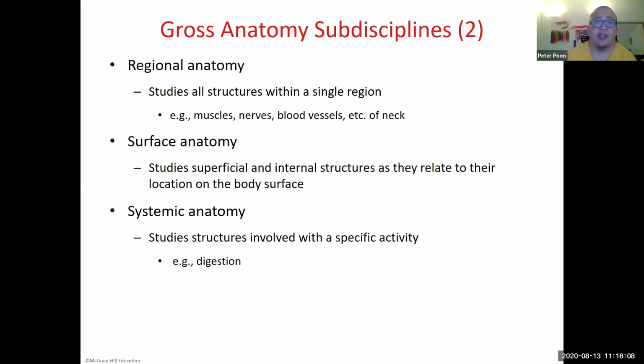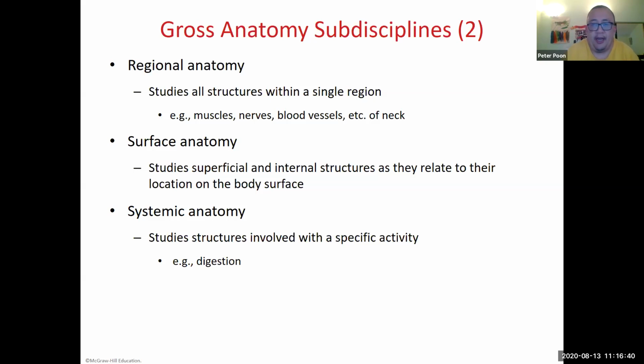Regional anatomy and systemic anatomy are two different ways of understanding anatomy. What you'll be doing mostly is systemic anatomy, and if you get further along in nursing, it'll be more regional. Systemic anatomy is easier to teach, and it's easier for people with no background to go through each system and understand what happens in it.